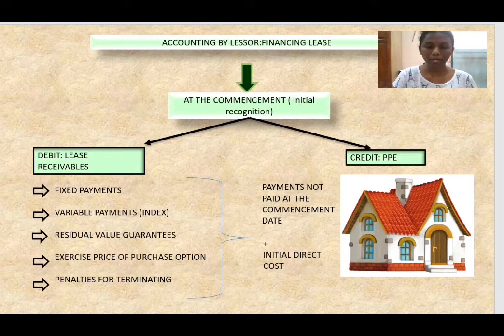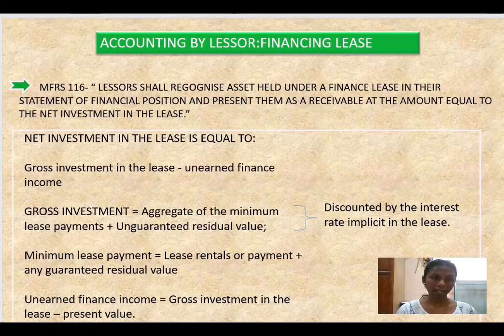We will see what the initial direct cost is in the next slide, and the creditor will be the property, plant, and equipment. MFRS 117 requires that the lessor shall recognize assets held under a finance lease in their statement of financial position and present them as a receivable at an amount equal to the net investment in the lease.